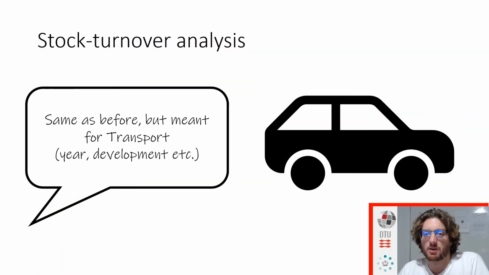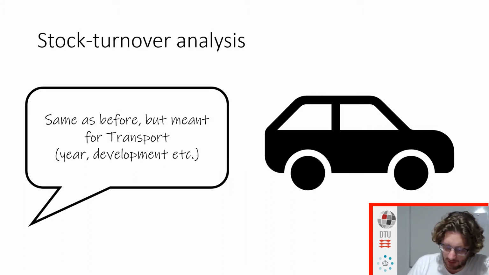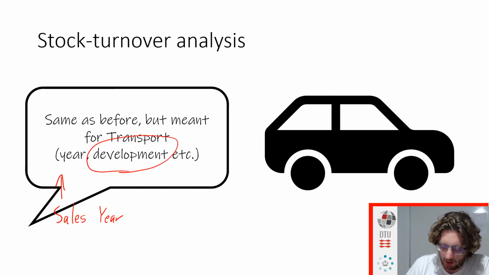So if we come back to the lesson 1 chart, back then it was the same as before, but for transport it is dependent on the sales here, and then the development of the vintage related innovation.